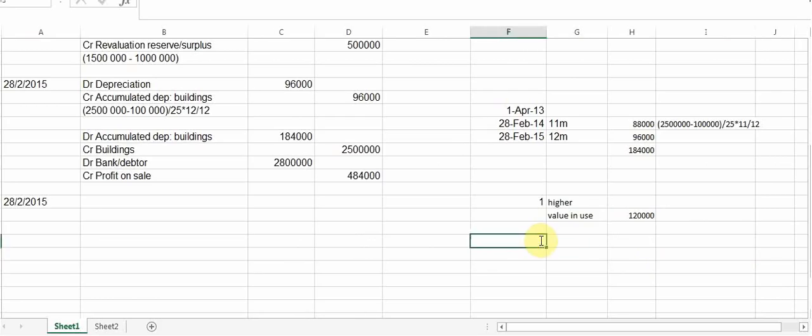Then step 2 is to calculate the current value of the asset, or the carrying value at year end.